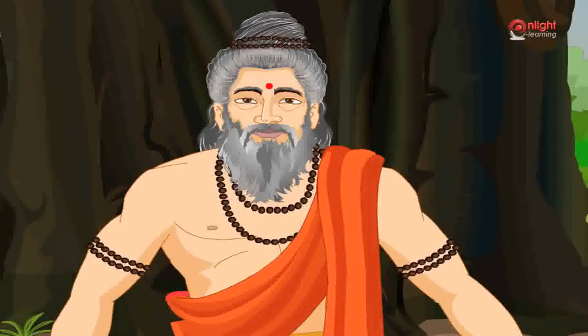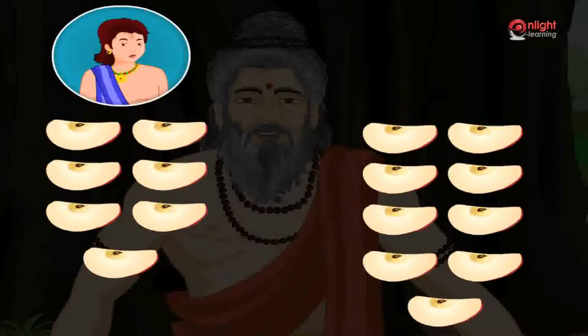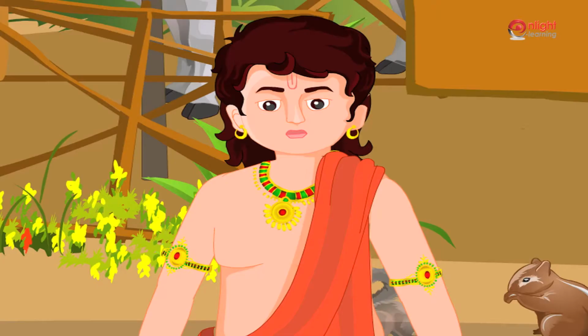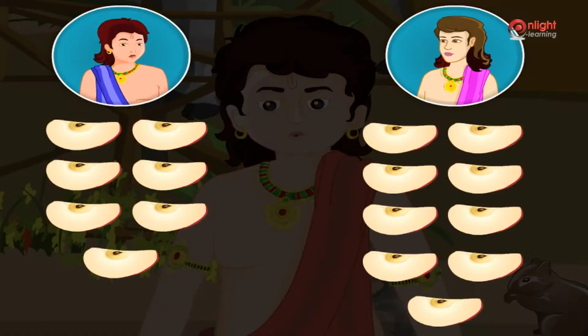Now if I cut an apple into 16 equal parts and Bhim gets 7 parts out of 16 parts and Dushasan gets 9 parts, express their share in fraction and find who got more. As Bhim gets 7 parts out of 16 parts, the fraction is 7 by 16.